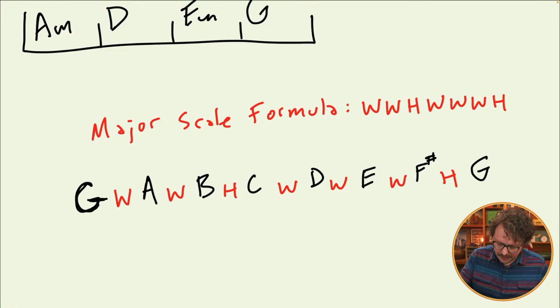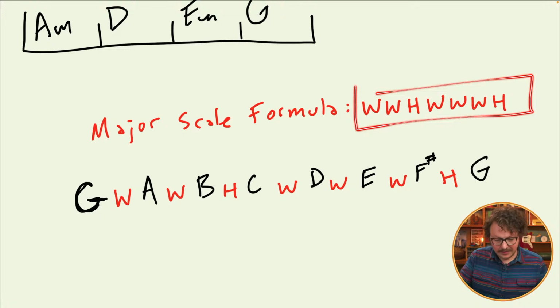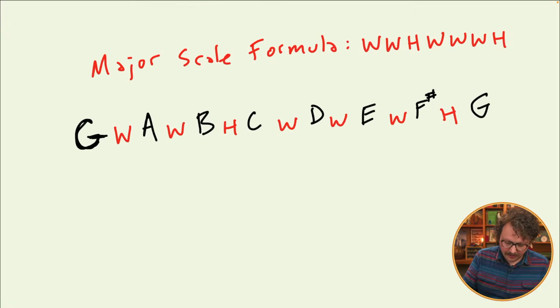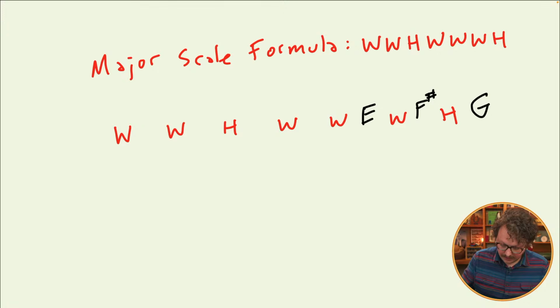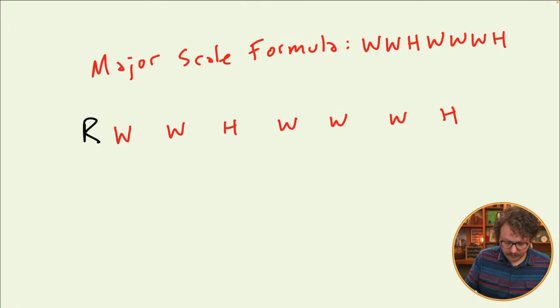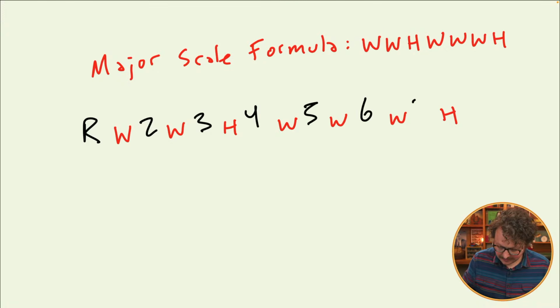What's so cool about this major scale formula is that it almost doesn't matter what note you put as the root note, because think of it this way. If I just put root, 2, 3, 4, 5, 6, 7, 8. Well, guess what?